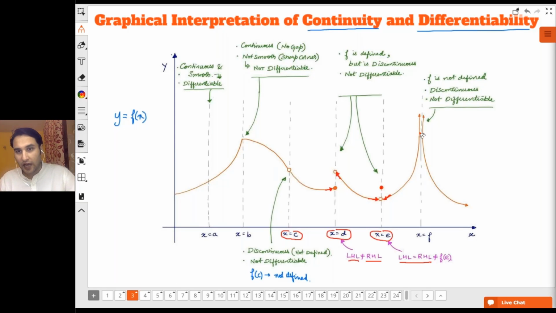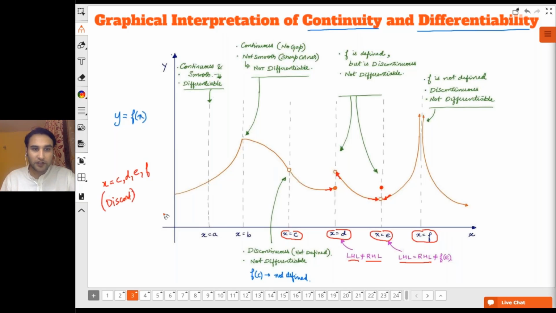The graph is approaching this vertical line, but it will never touch this vertical line. So at x is equal to f, along this line the graph is broken. So here also the function is discontinuous. So at x is equal to c, d, e and f, the function is discontinuous.